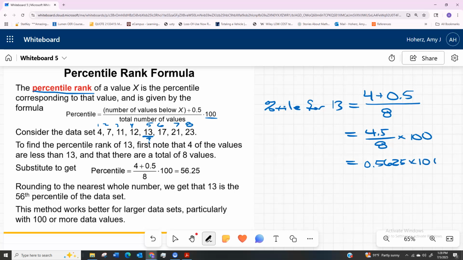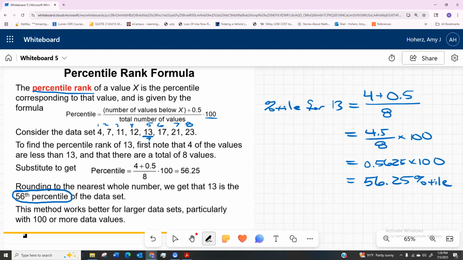Then multiply that by 100 to switch it to a percentage, and you get 56.25 percentile rank. And then with percentiles, we usually don't take it to a decimal place. And so typically what would be done here is you just say you're at the 56th percentile instead of the 56.25 percentile. So percentiles are almost always rounded to the nearest percentile. So 56.25 rounds to 56.